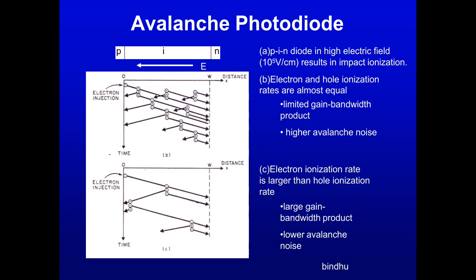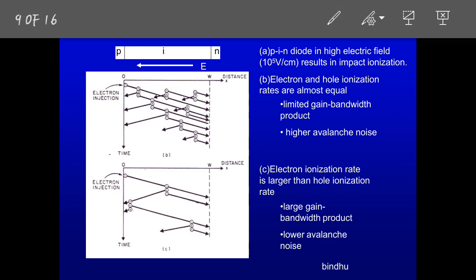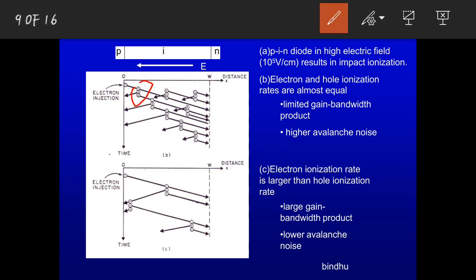So it keeps on multiplying. You have a multiplication factor. It goes on, hits another, then again a recombination takes place and produces energy, which hits another electron, so that you will have multiple electrons and holes created.